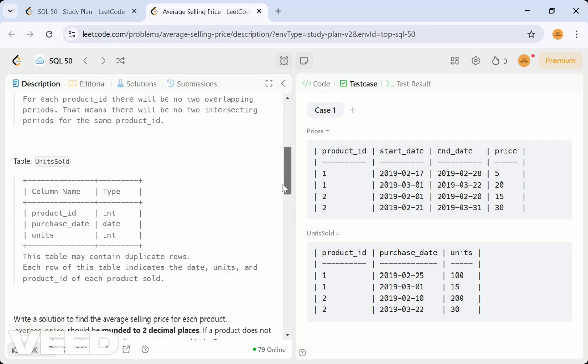Next, we have one more table, UnitsSold, with columns product ID, purchase date and units.